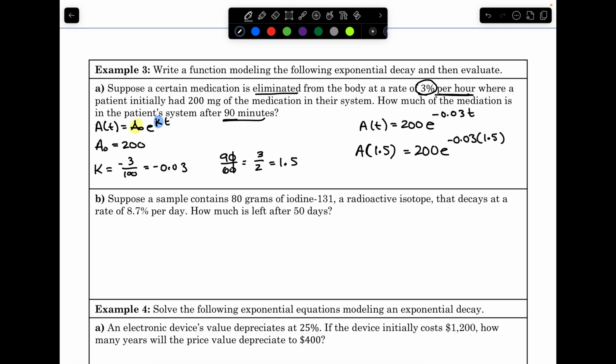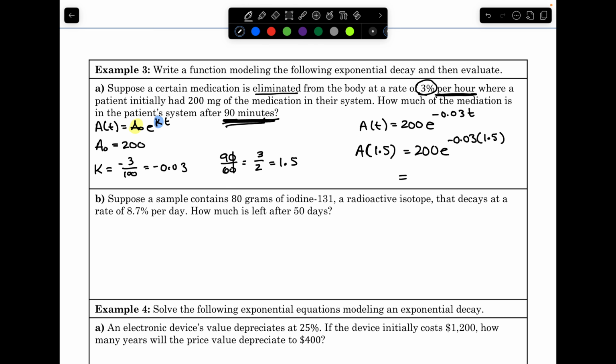Make sure that when you're evaluating this, the time is in the same unit as what k is being measured in, since k is a rate, so it's measured in time as well. Then just plug this in, just like we did in example 1A. I'm going to do this off screen on my calculator.